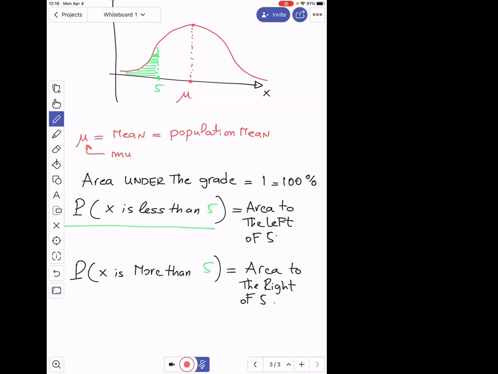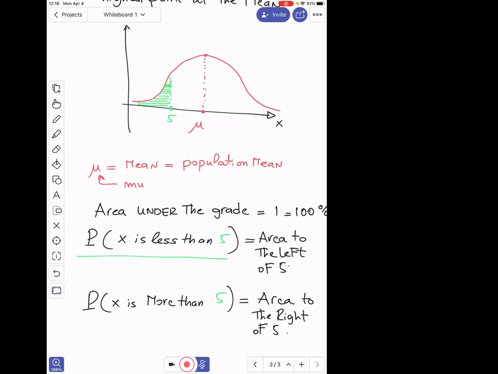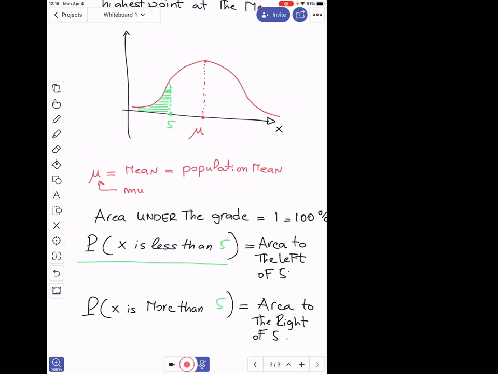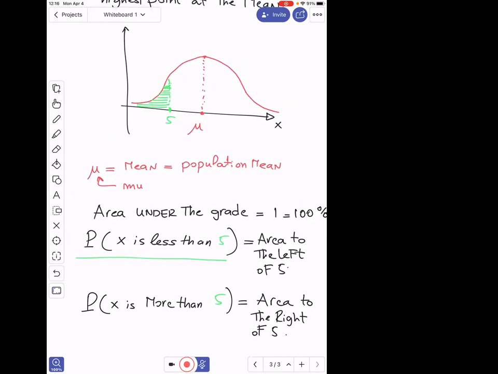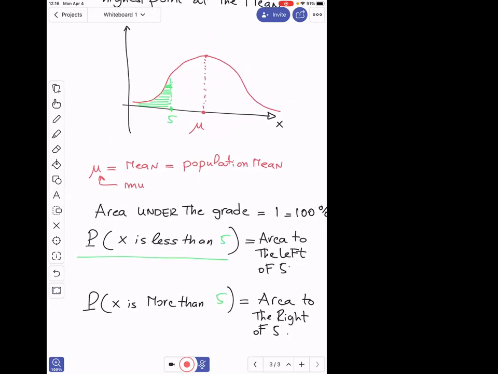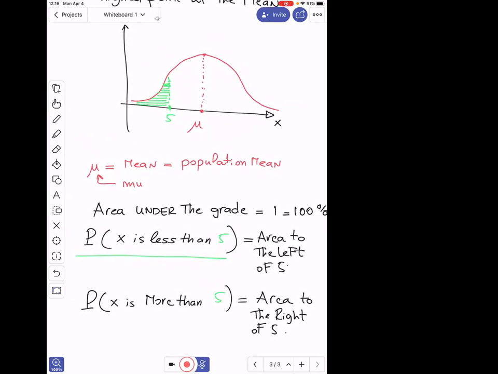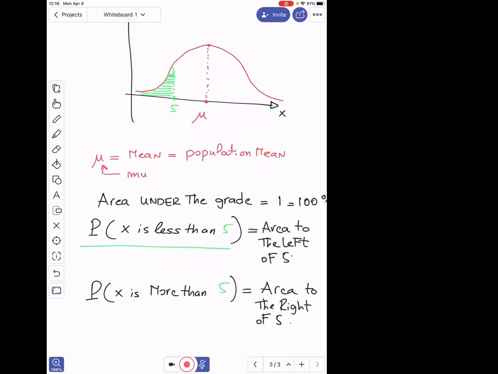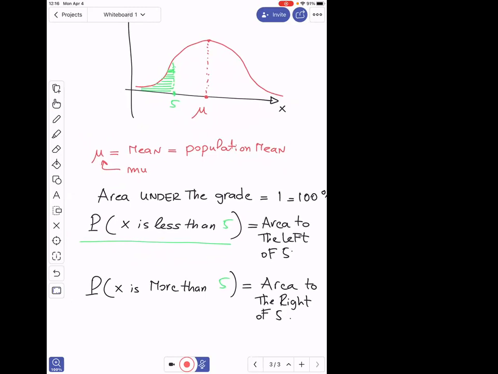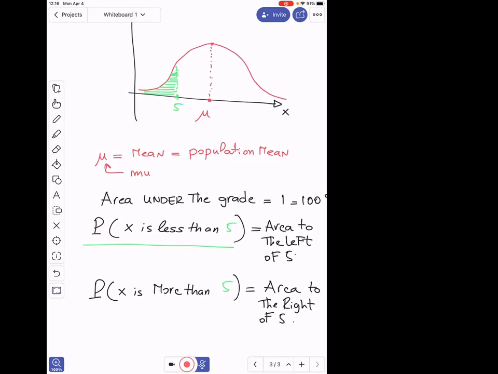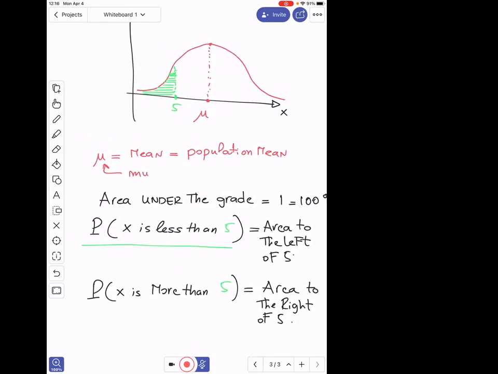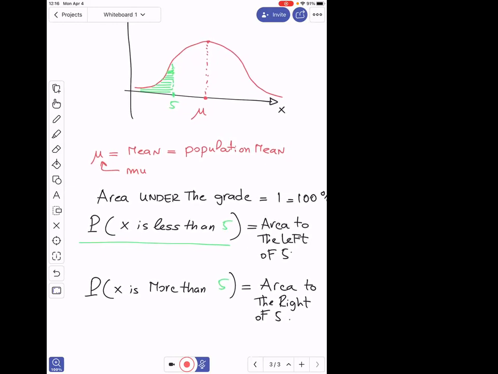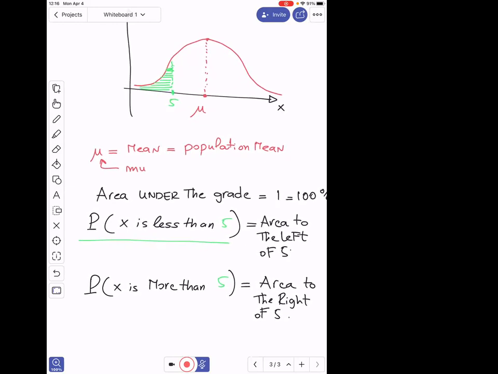Okay, so that's the idea. When I find the probability that x is less than some number, that will be the area to the left of that number. The probability that x is more than some number will be the area to the right of that number. And of course, the area to the left plus the area to the right of that number totals 100%, because that is the whole area under the graph.